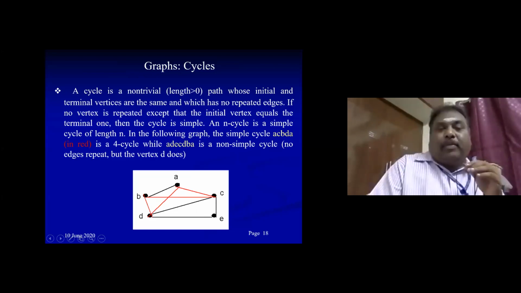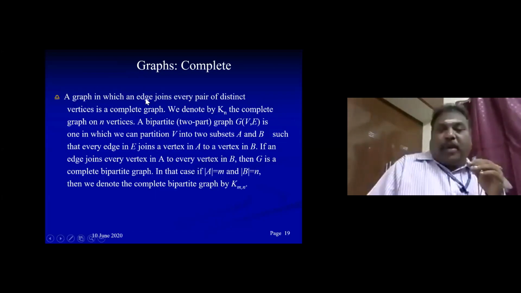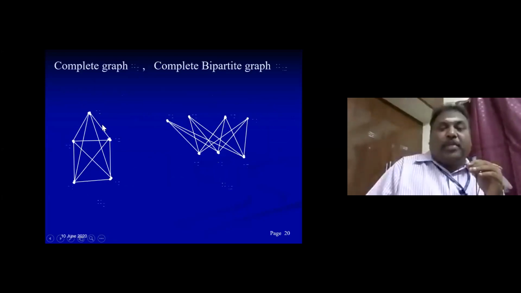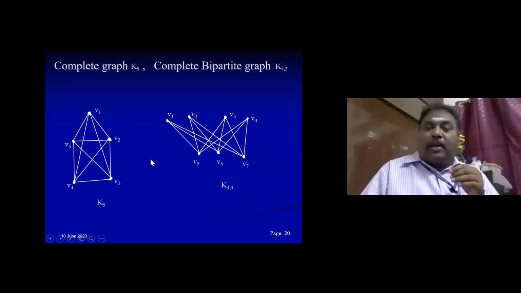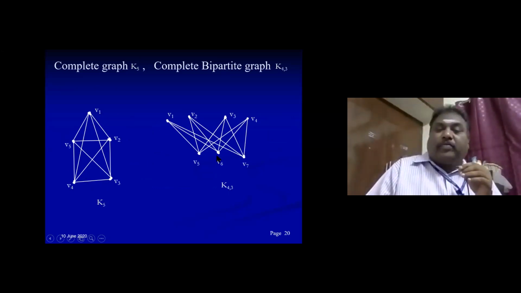Then what I said is about completeness. We have another concept, bipartite, I think. Yeah, this is a complete graph with 5 vertices, notation K5. This is a complete bipartite graph with 2 components of vertices. Totally there are 7 vertices: 4 vertices V1 to V4 on one side, and on the other side we have V5, V6, V7. The idea is that we join the vertices from one side to the other side, not among themselves.